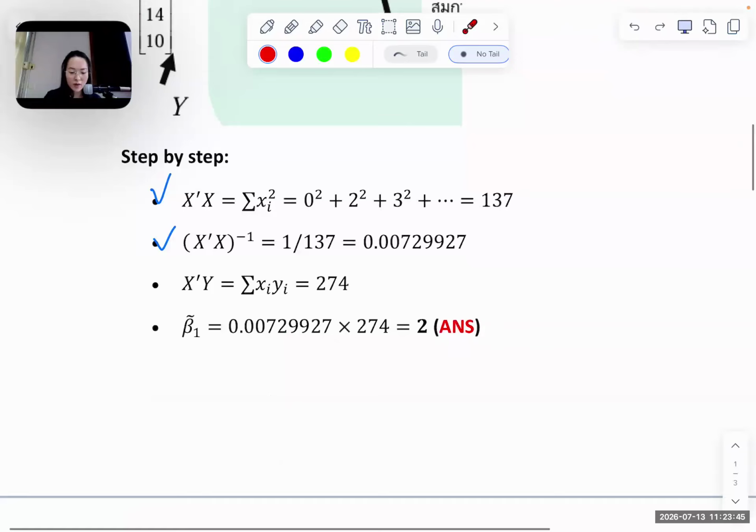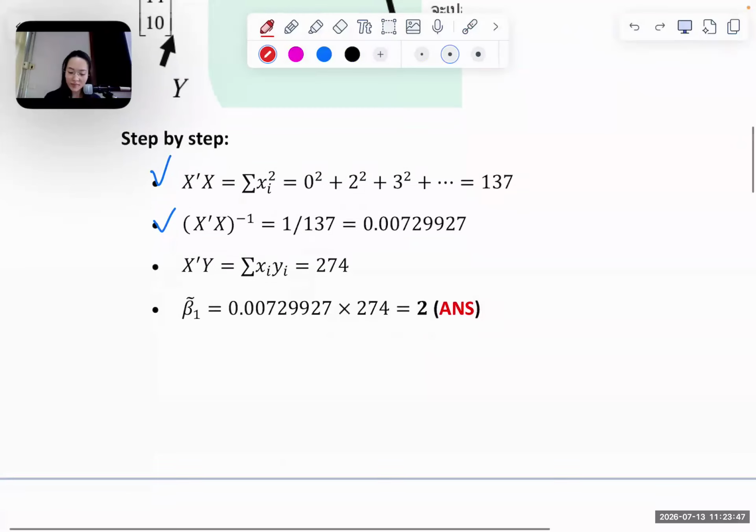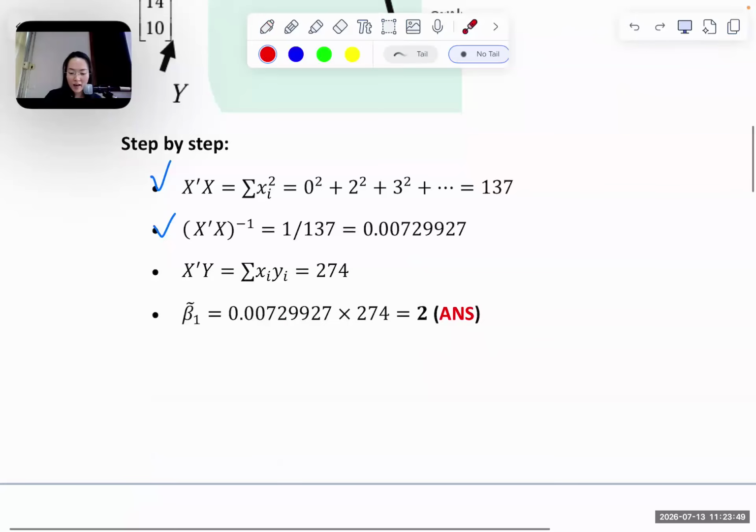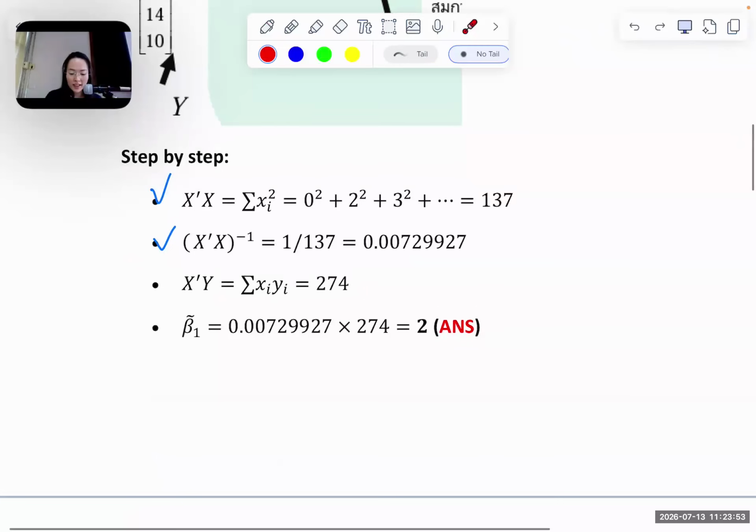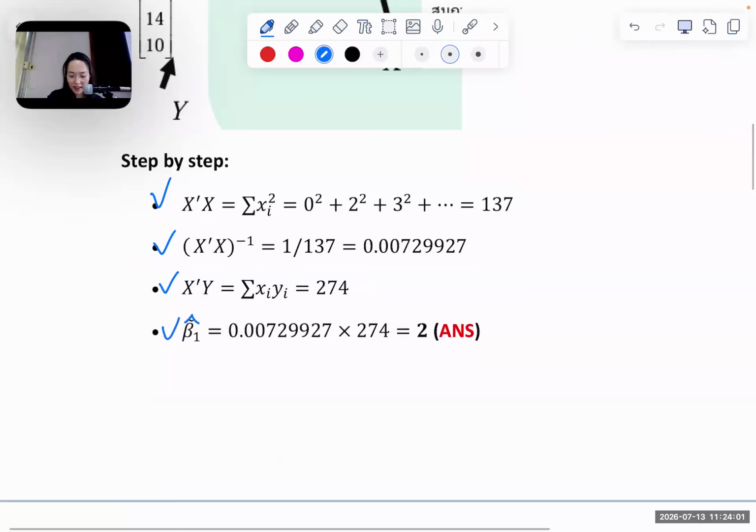This is from your linear algebra. This is our X transpose Y, which is 274. The last step, you just get beta 1 hat: X transpose X inverse times X transpose Y. So you get 2. This is our answer, which is 2.